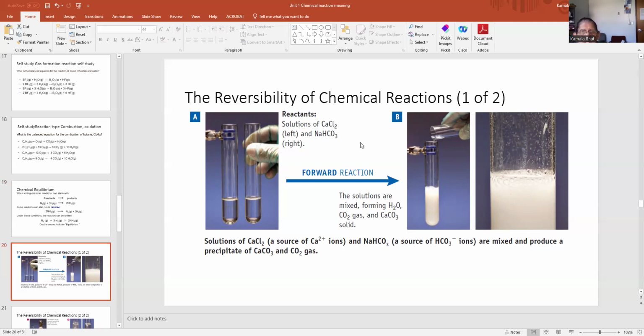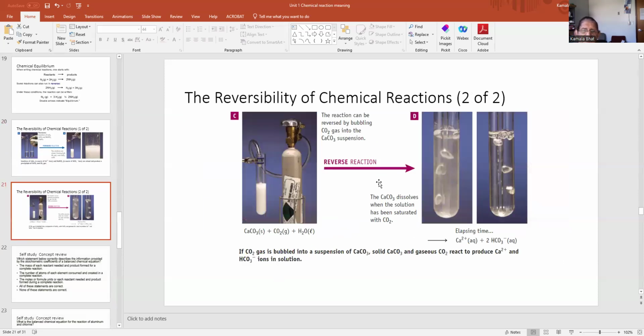In this example, the reactants on the left-hand side are calcium chloride and sodium bicarbonate, which consists of the calcium ion and the bicarbonate ion. And on the right side, as soon as you mix them, you see the fizzing of carbon dioxide and the slurry of calcium carbonate.